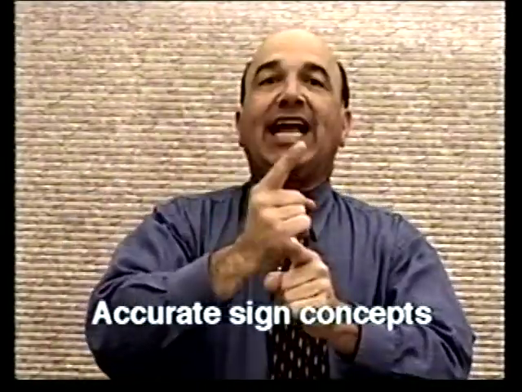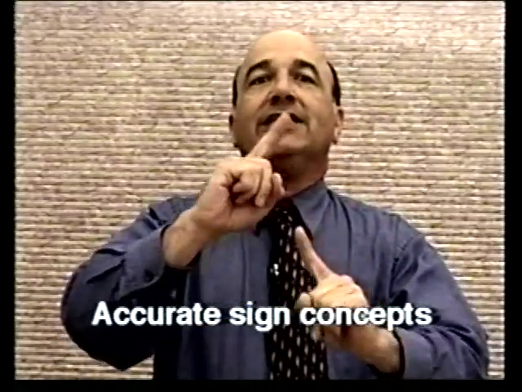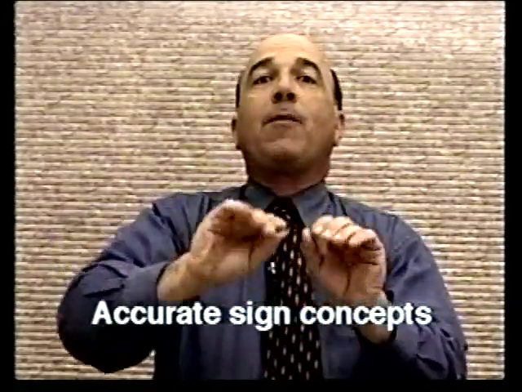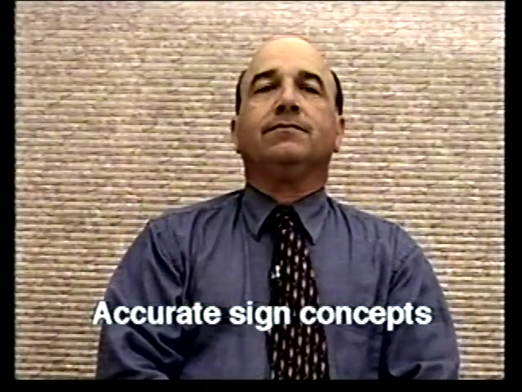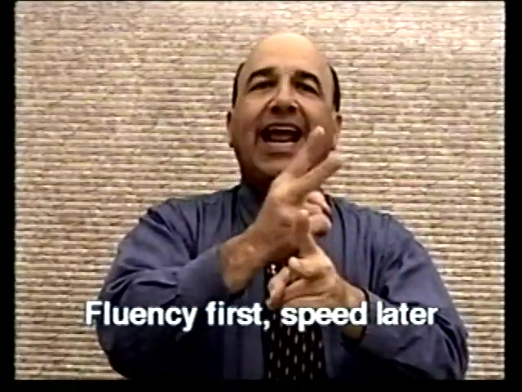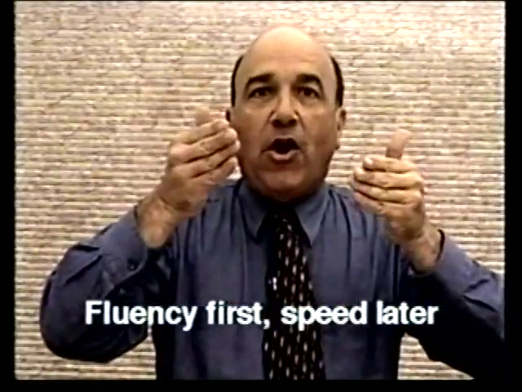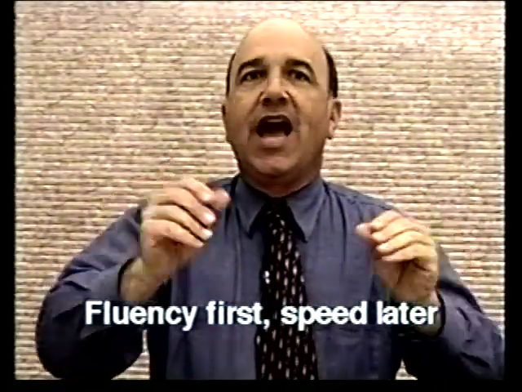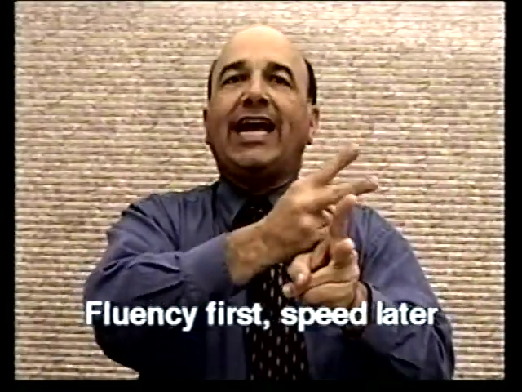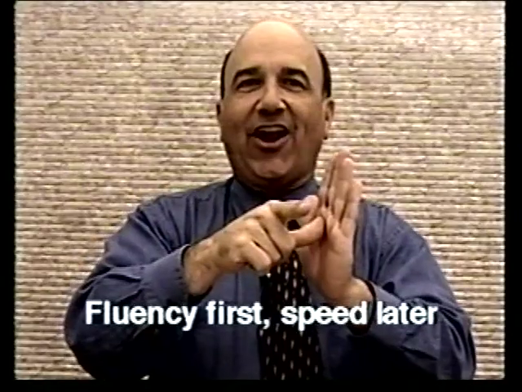Conceptual accuracy is necessary in sign. Signs should stand up by themselves. The meaning should become clear alone. Don't worry about speed. It will take care of itself. Focus on fluency. Clarity is more important, and speed will take care of itself later on.